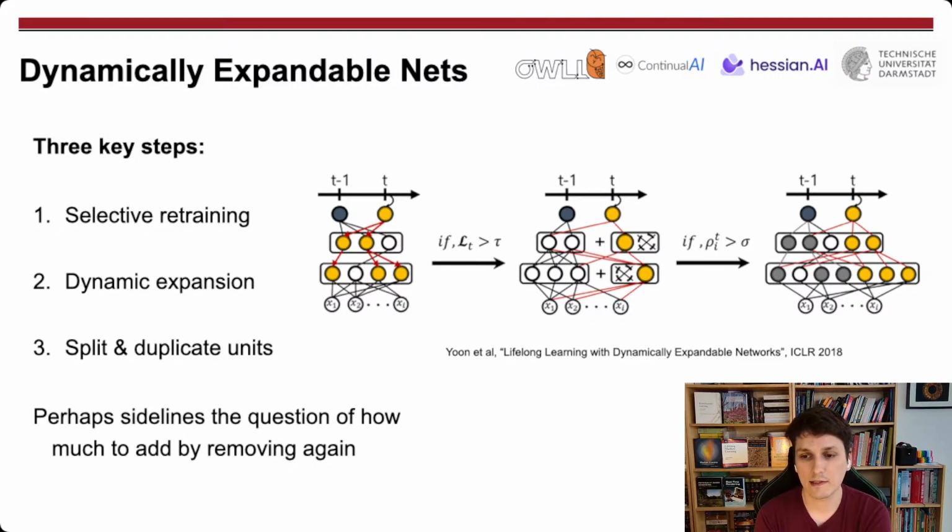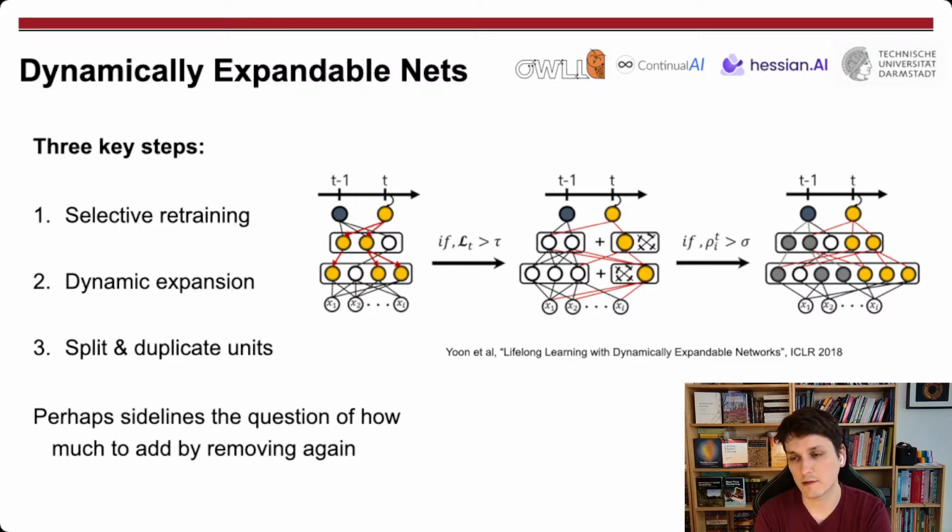Now you can sideline the question of how much you want to add. You can maybe add a lot at one point in time. And rather than figuring out how much is reasonable, you can first add it and then repeat this process again of potentially being selective to only a few parameters and maybe even pruning away some of them again, like killing them, completely deleting these units again.